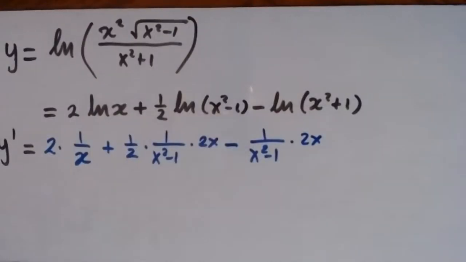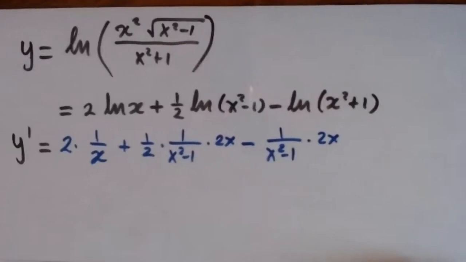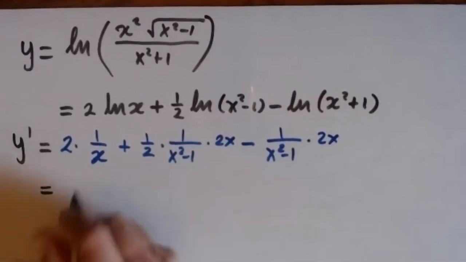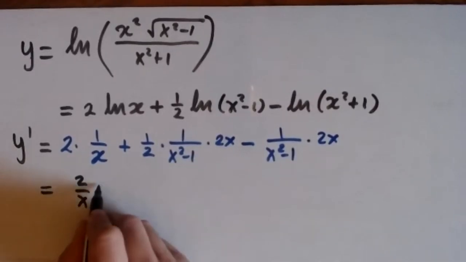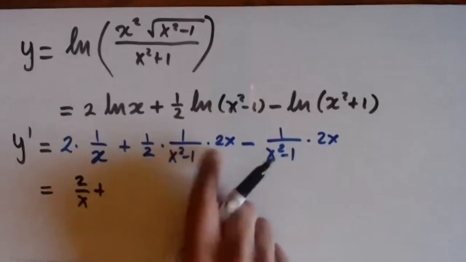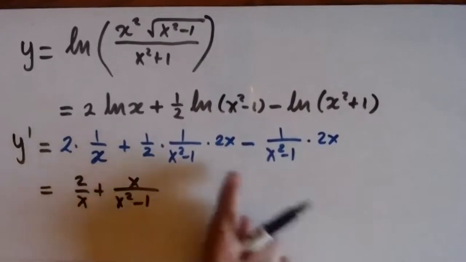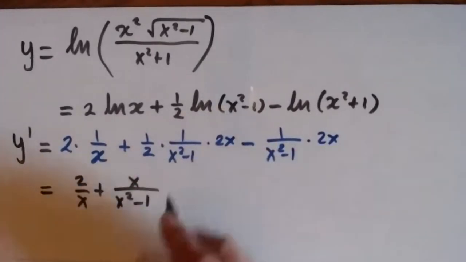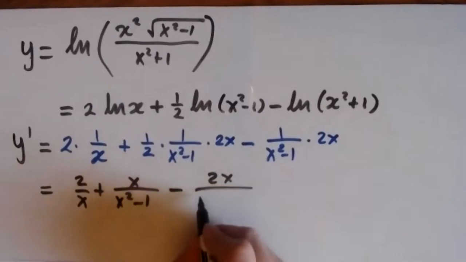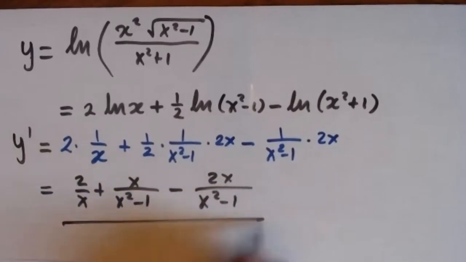Okay, now I can write this again. This is 2 over x plus, these two cancel, so I have x over x squared minus 1 minus 2x over x squared plus 1.